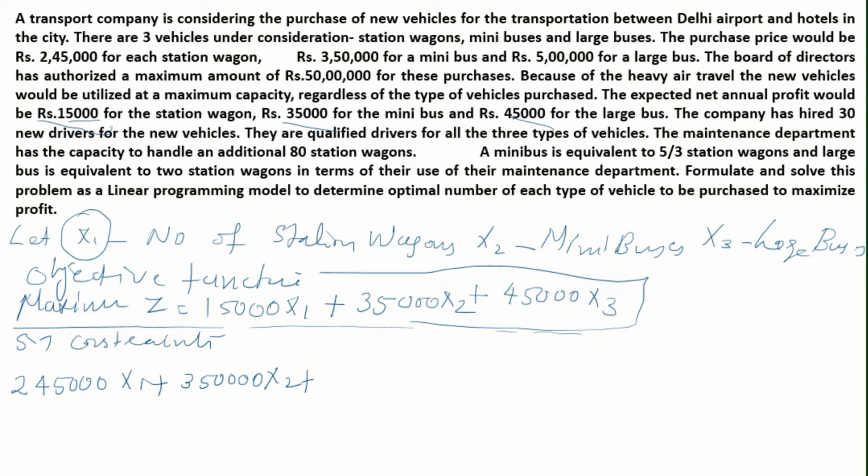Then the total cost for x3 units of large bus is 5 lakh, the single unit cost, into x3. Total available budget is 5 lakh. Sorry, it is 50 lakhs. So this is the budgetary constraint.